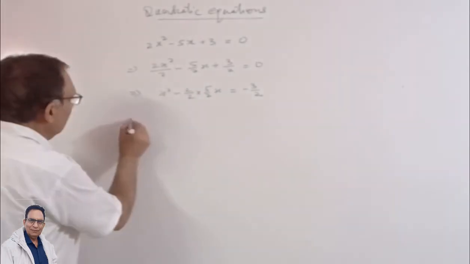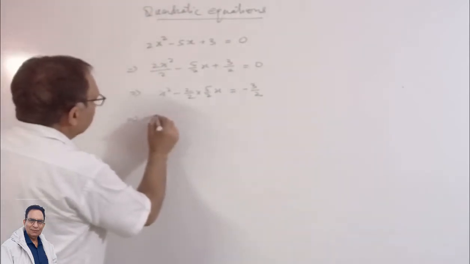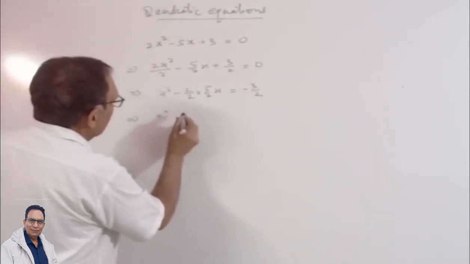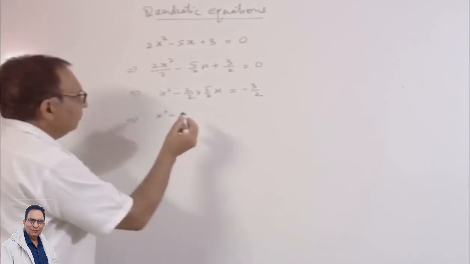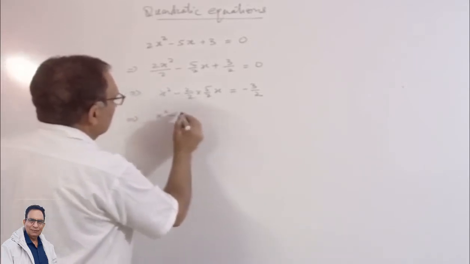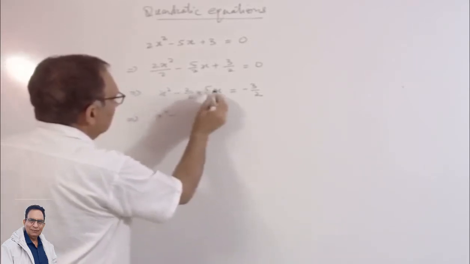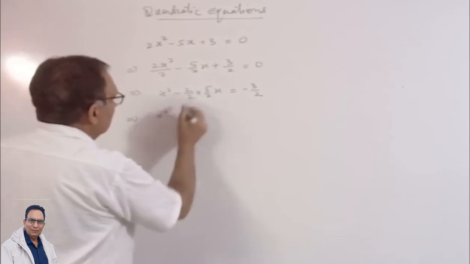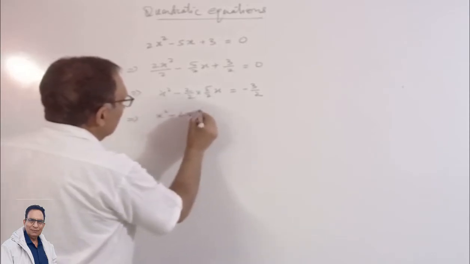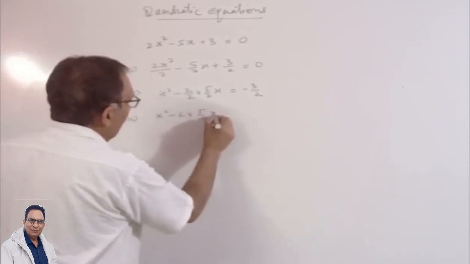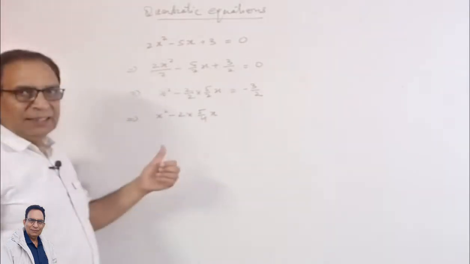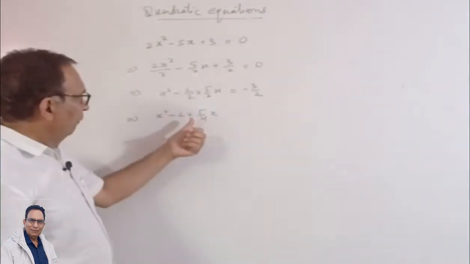What I do next, I write x square minus, if you want, you write it 2 into 5 over 4x. You know why 5 over 4x?